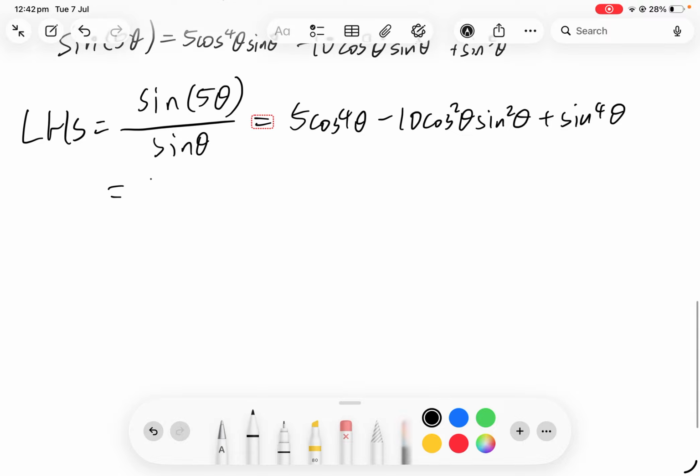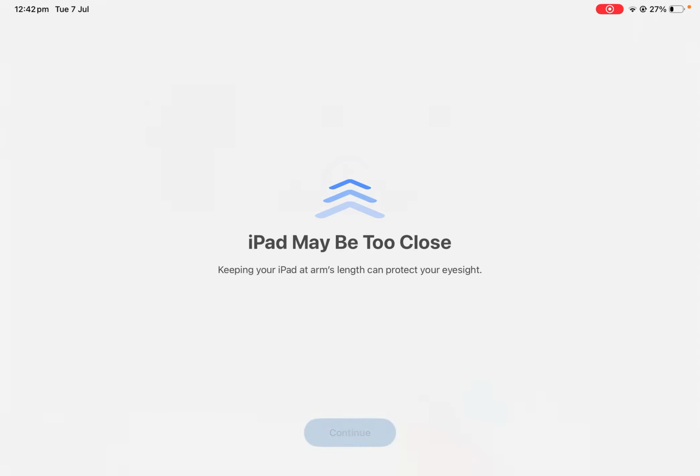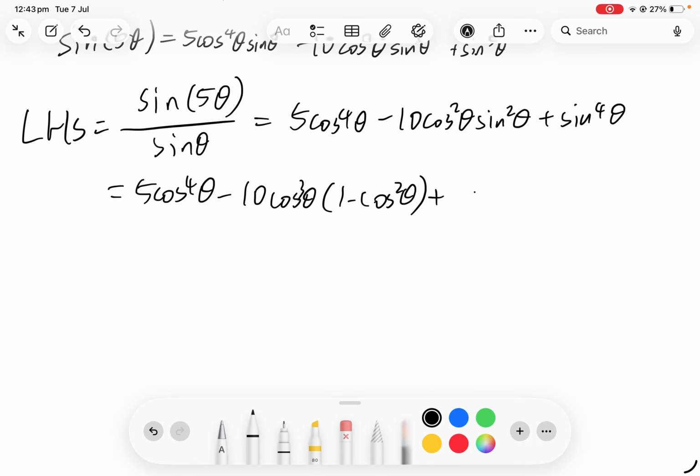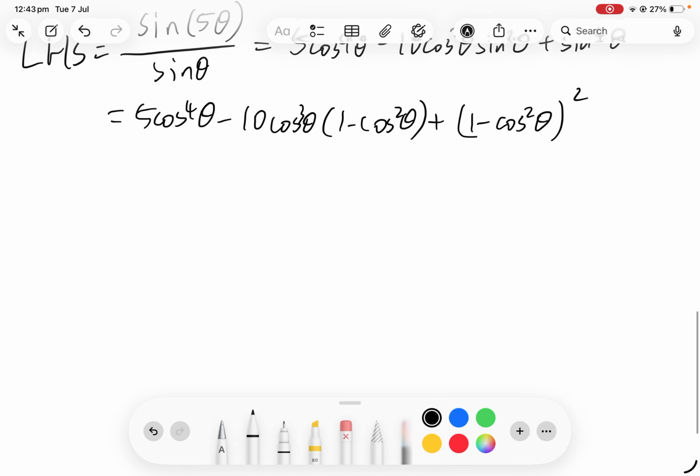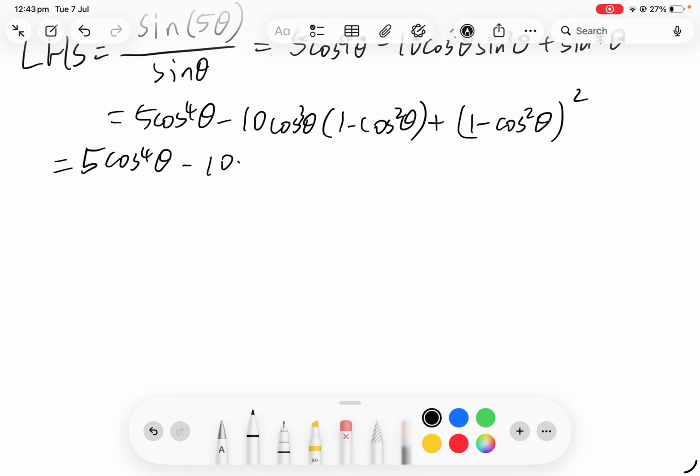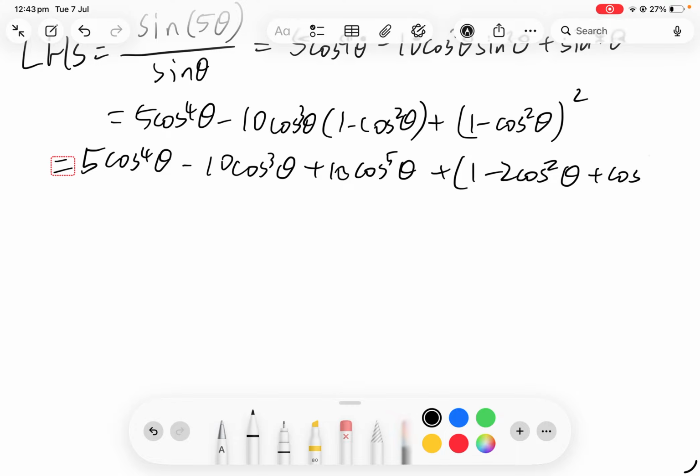We can just do it in our brains because why not? And then it's basically the same as the last one, so it's 5 cos 4 theta minus 10 cos squared theta times 1 minus cos squared theta, plus 1 minus cos squared theta to the power of 2, and that becomes 5 cos 4 theta minus 10 cos squared theta plus 10 cos 4 theta plus 1 minus 2 cos squared theta plus cos 4 theta.